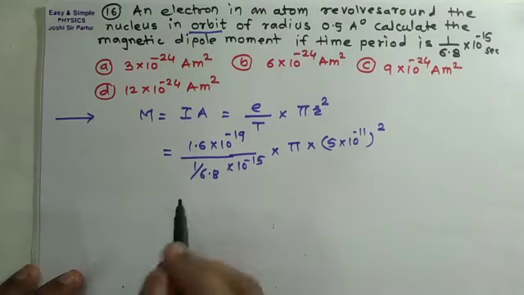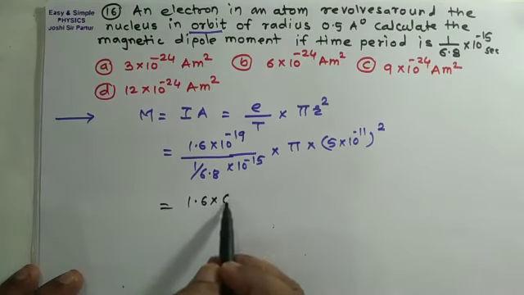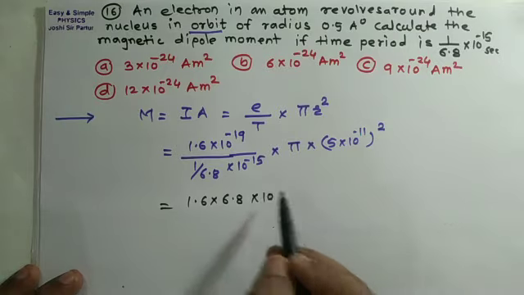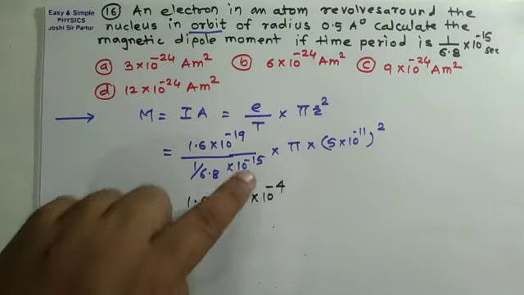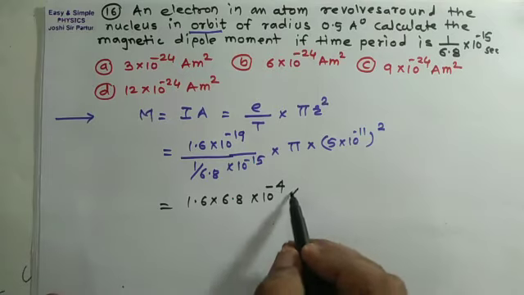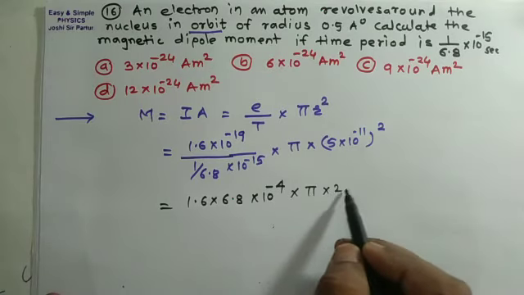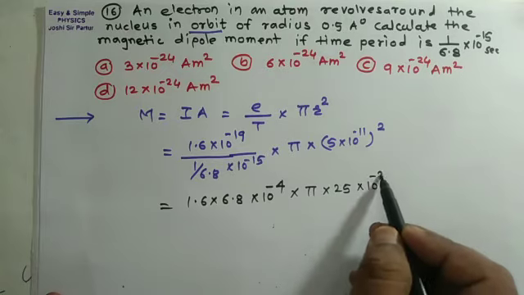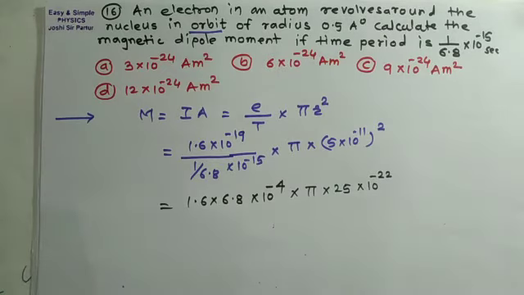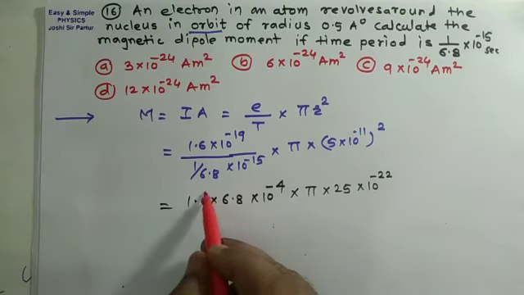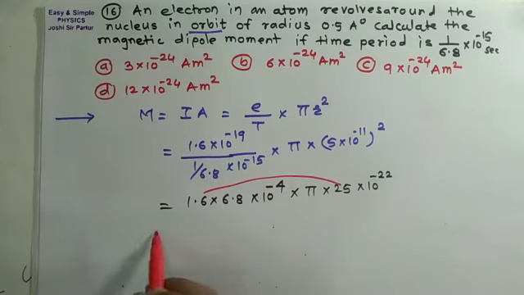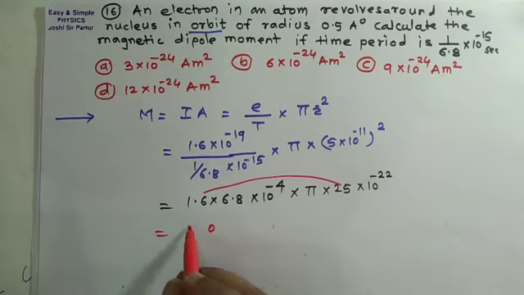See here, 1.6 multiplied by 6.8 multiplied by 10^-4, because the 10^-15 in the denominator becomes plus 15 in the numerator, multiplied by pi into 25 × 10^-22. If we multiply here, 25 into 1.6 is 40.